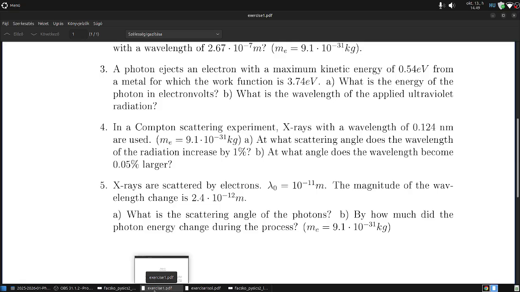Okay, so we have this Compton scattering.